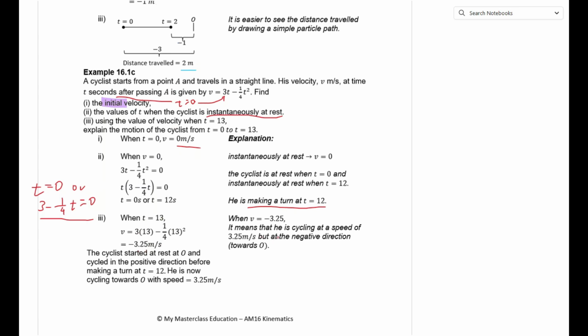This means that the cyclist is cycling at a speed of 3.25 meters per second, but in the negative direction. So if we draw it out, we have our path starting from point A. So this is where t equals 0. And then the cyclist will start traveling in this positive s direction.